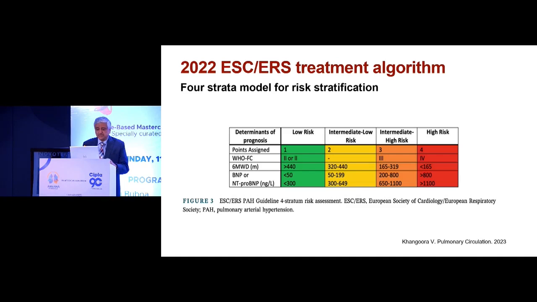What they use is basically various points which are assigned: WHO functional classification, the 6-minute walk test, the BNP or the NT-proBNP, and based on that you can classify your patients into a risk stratification, which is not only from the diagnosis point of view but also from the risk point of view.